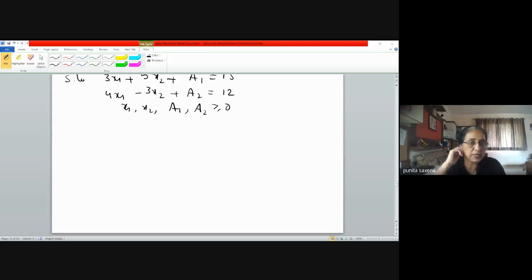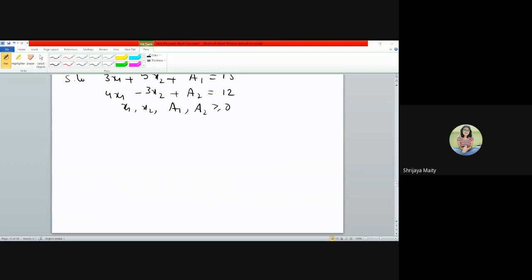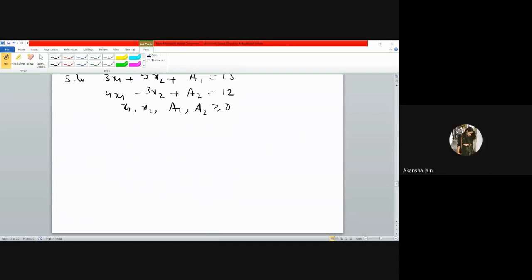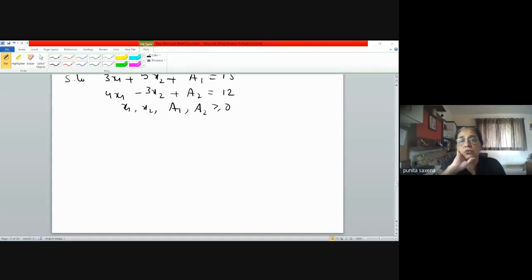How much is your Z star in this case? -27. Now your Zjs are -7, -2, -1, -1. That's right. So your Zj minus Cjs are also -7, -2, 0, and 0?